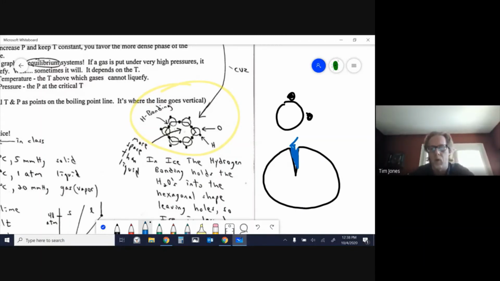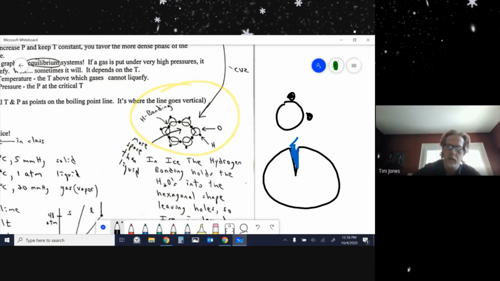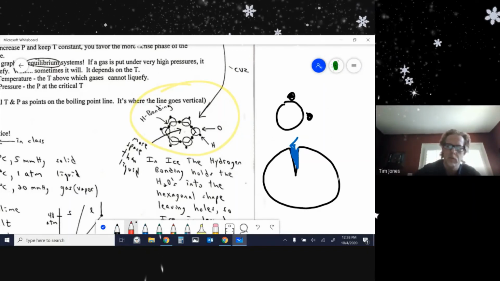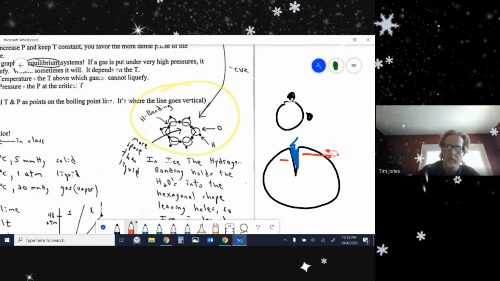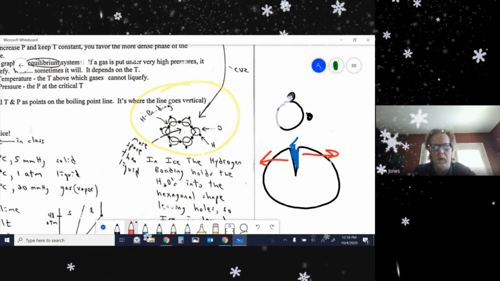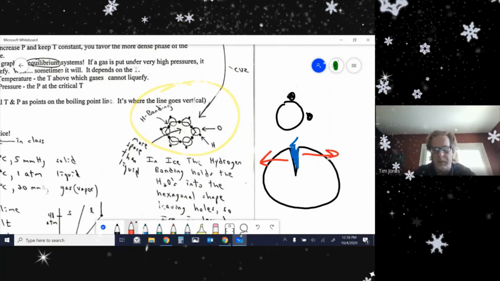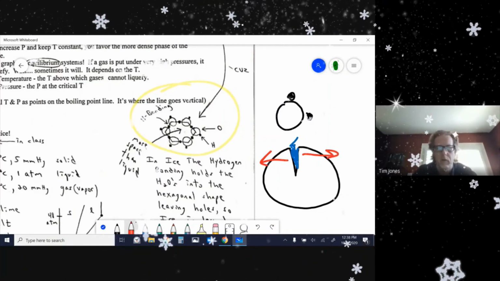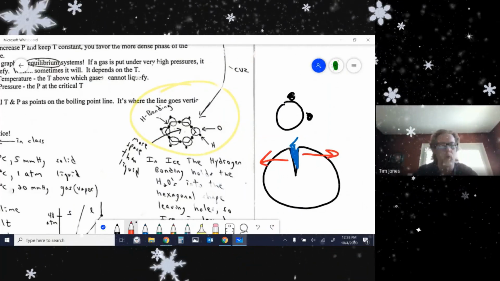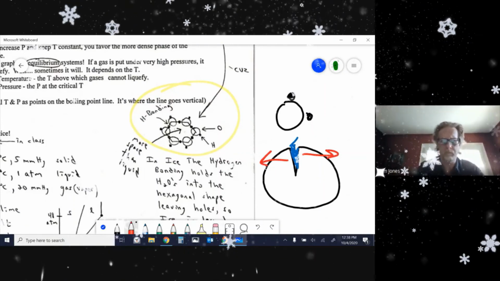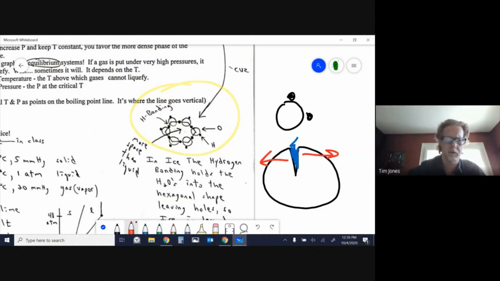Then the weather gets cold, and when the weather gets cold, the water freezes, and it actually expands and pushes on the rock and starts to break the rock apart. It's called frost wedging. It's one of the forms of geologic erosion that occurs.